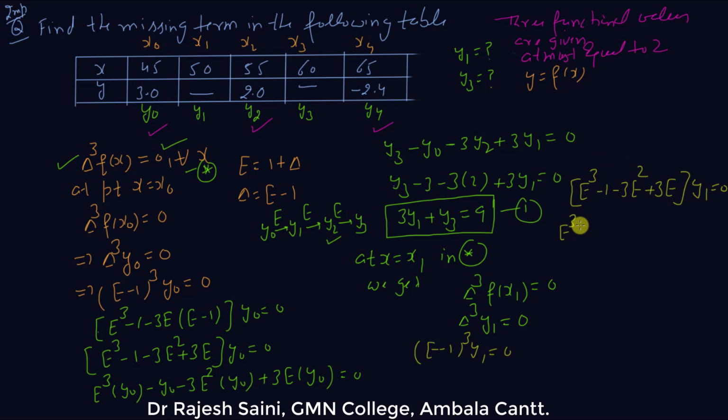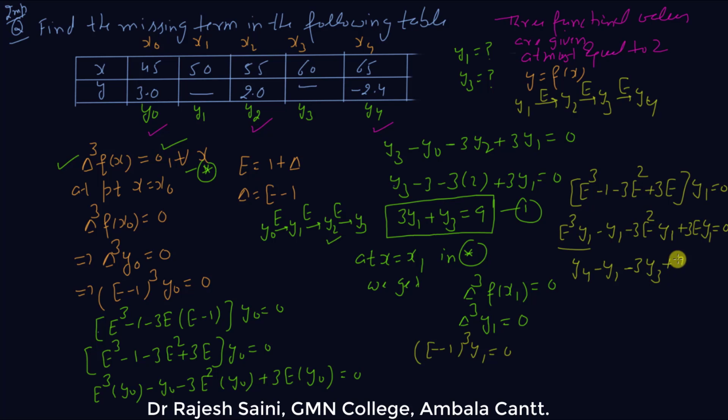This will be E cube y1 minus y1 minus 3E square y1 plus 3E y1 equal to 0. Now when you apply E 3 times upon y1, it goes to y4. So I could write y4 minus y1 as such, minus 3 y3 plus 3 y2 equal to 0.